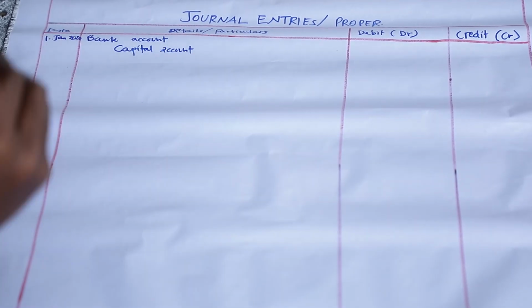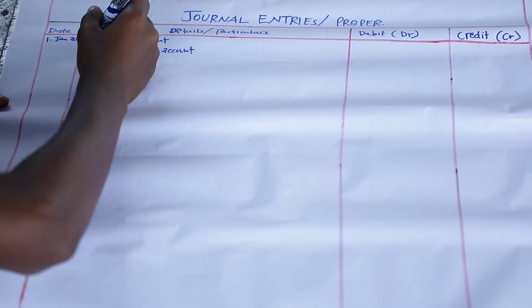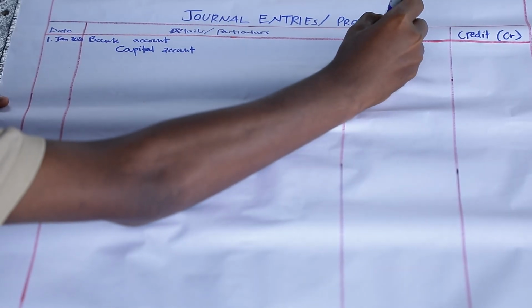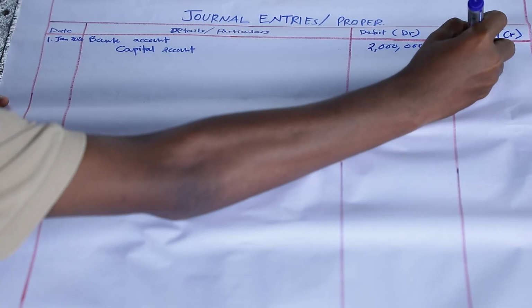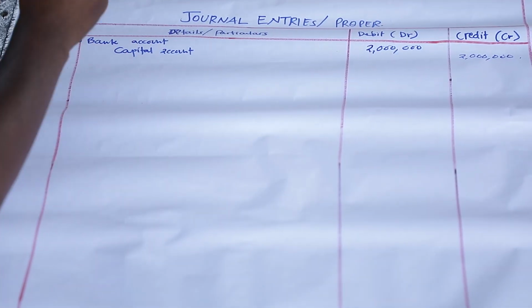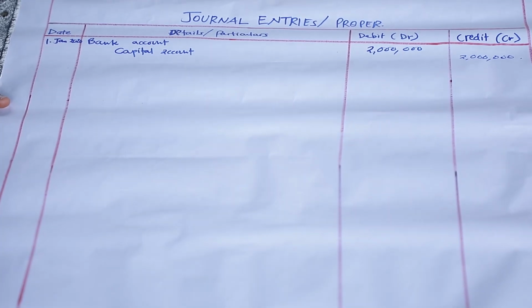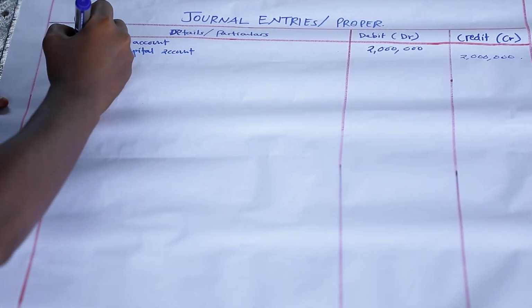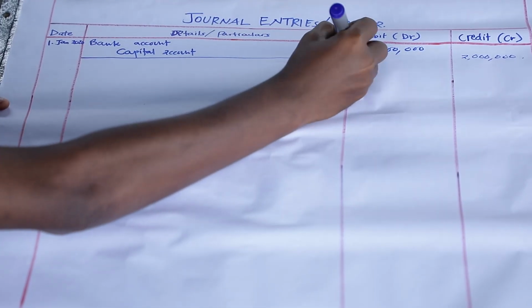And when recording, first the debit, then we are going to credit the amount, and you should leave this space in order to show here it will be 2 million, and here you're going to put 2 million. So this will be our first transaction, being capital deposit in the bank, but I will not show the narrations here. So this will be our first entry.